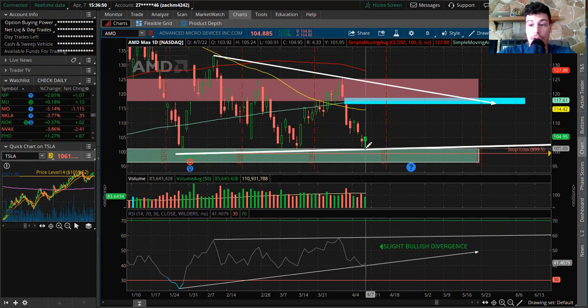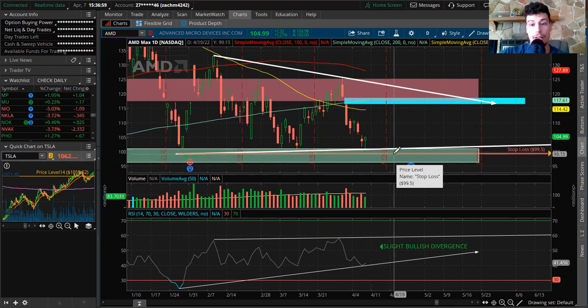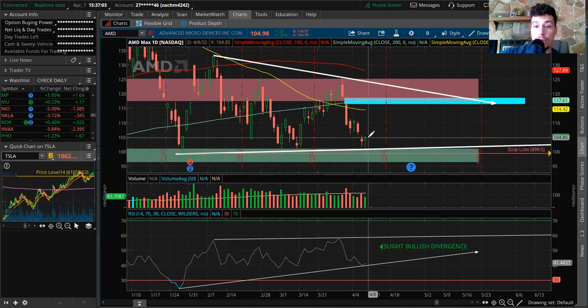If you got in around 100, you're going to be risking 50 cents, down 50 cents if it goes to 99.50. But if you get in right now, you'd be risking about $6 a share.